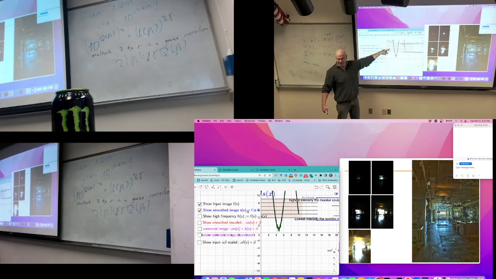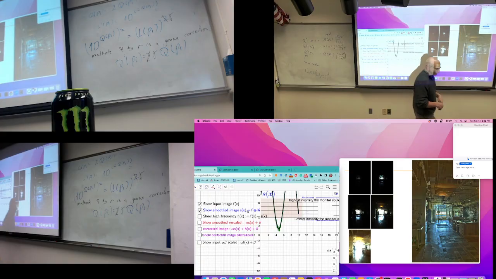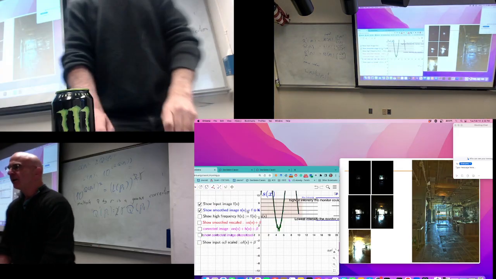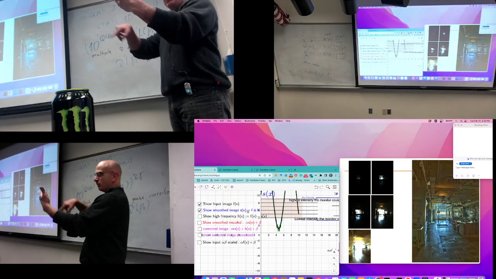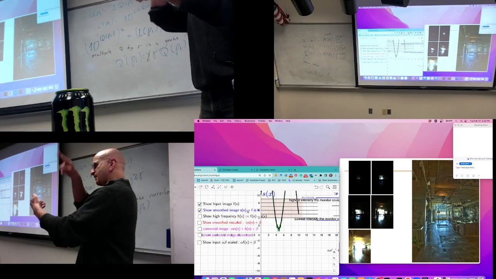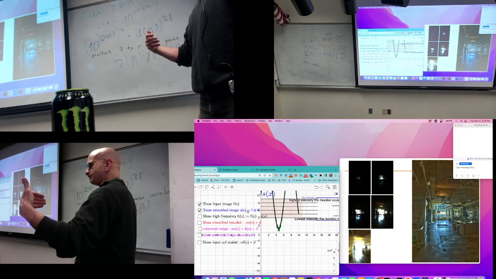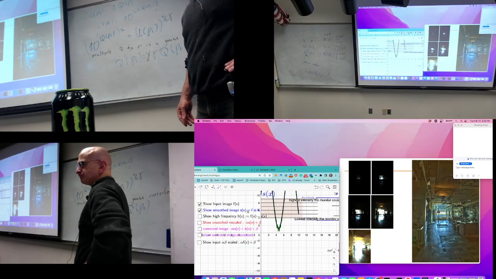A box kernel gives the same weight to each of the pixels around you. Since it's two-dimensional, you probably want to look at the 9 neighbors, or actually it's better to look at 5 by 5 or even more, and just give them all the same weight.